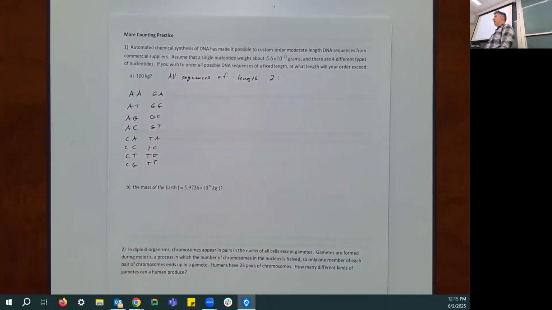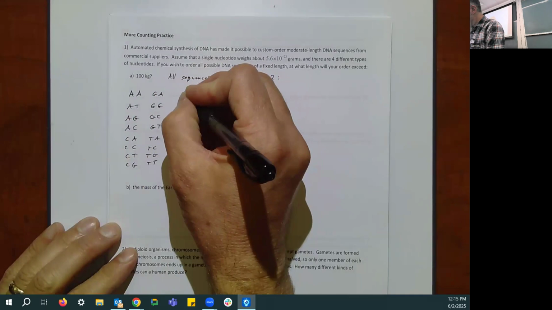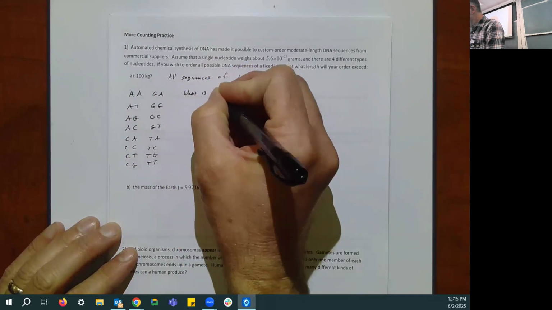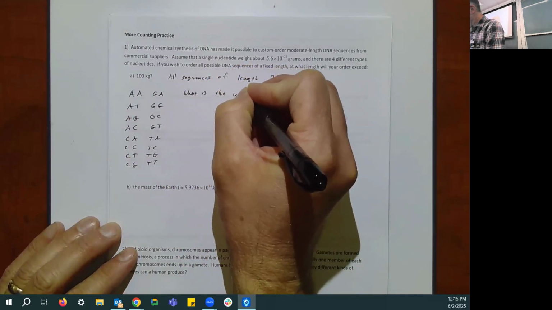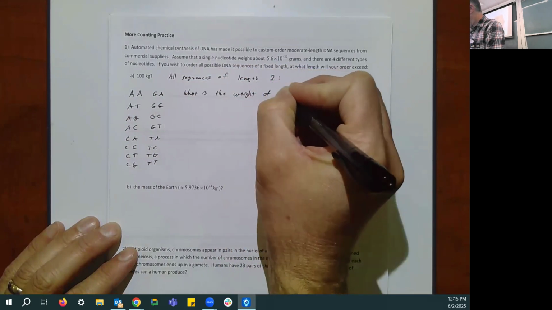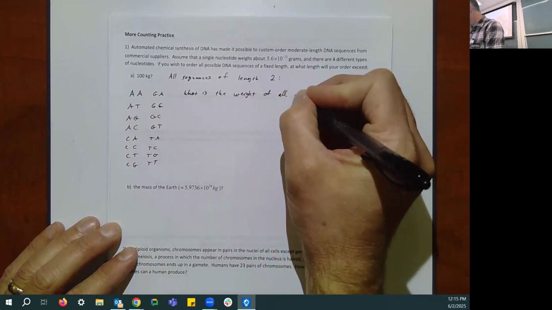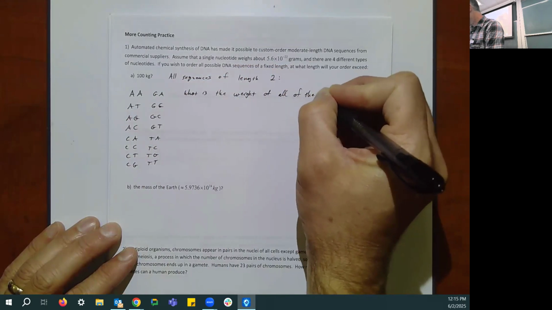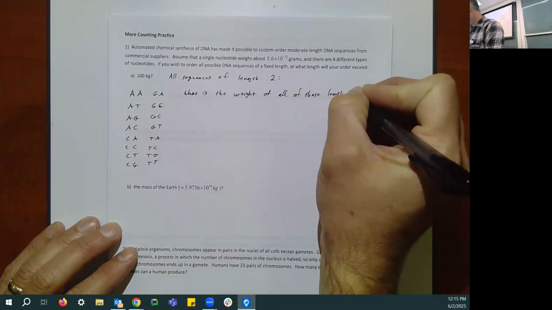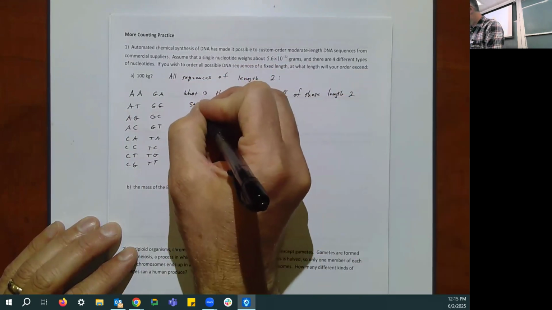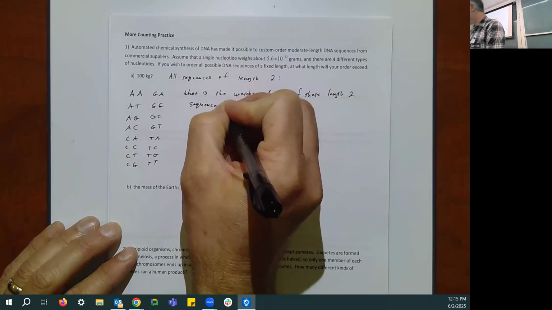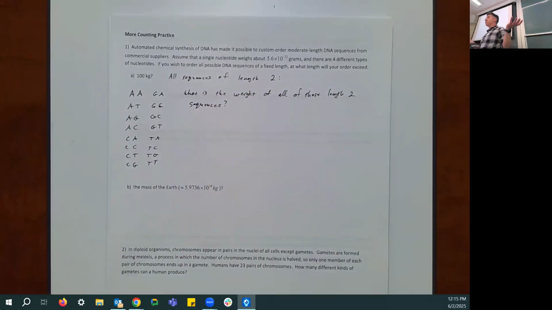All right. Now the real thing I want to write down is how much will these all weigh? So what is the weight of all of these length 2 sequences? Well, how many of them are there? 16, 4 squared.